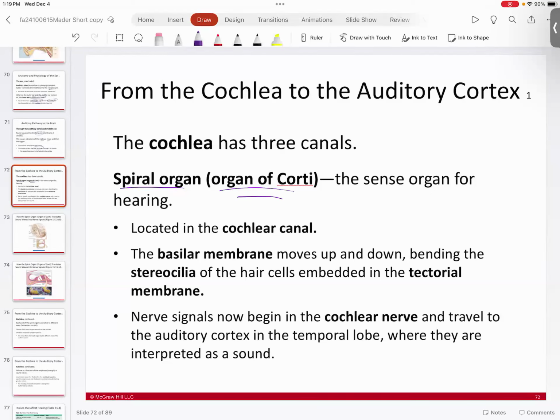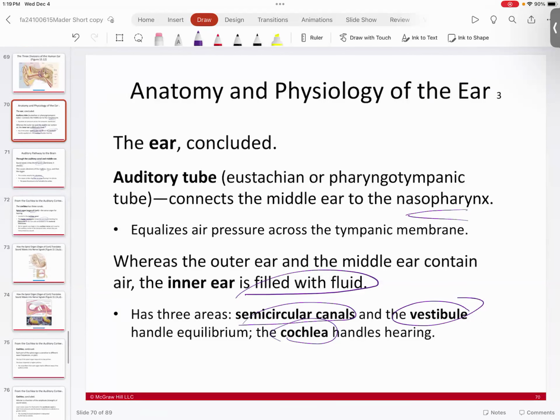And so ultimately, you have a couple of different types of canals. The cochlear canal, which is going to be found inside this organ, is going to be composed of a couple of different things. First of all, there is what's called a basilar membrane, which will typically move up and down. And as it moves up and down, it bends the stereocilia. Remember what we said about the stereocilia? You don't? Because that was last time.